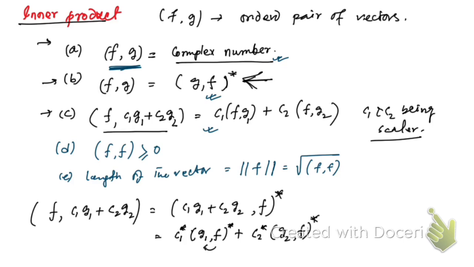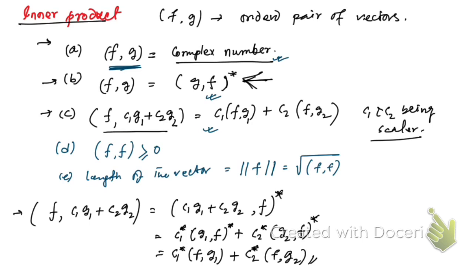Now if you change the order again, this conjugate will be removed, right? C1 conjugate of C1, then if you change the order here, Z1 and F, according to the first property, then we can write F Z1 plus C2 conjugate of C2, then F Z2, right? So this is another property.